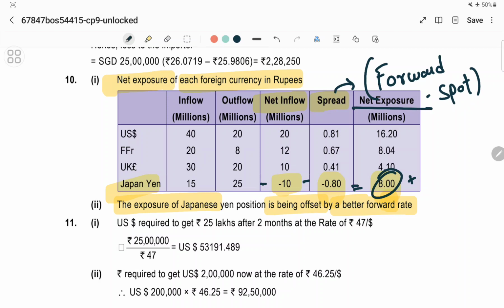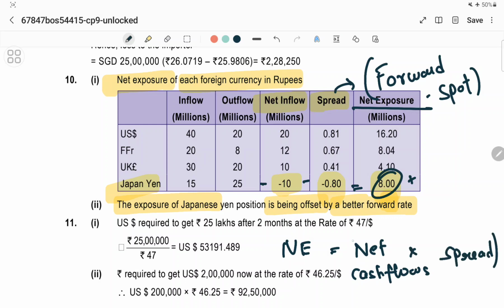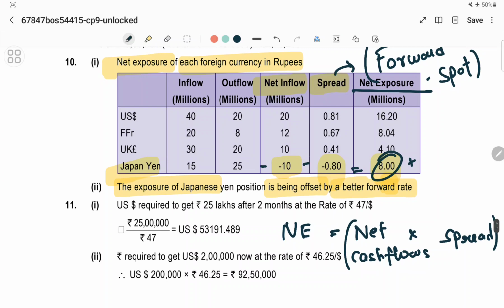So the net exposure, NE, is net cash flows multiplied by the spread. And why we are doing this is something I've already mentioned. In these three cases there is a net inflow, positive, and multiplied by the spread you get the net exposure.